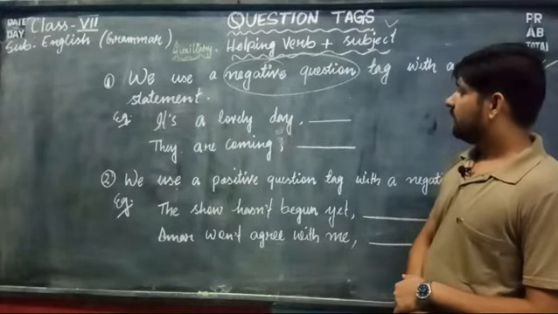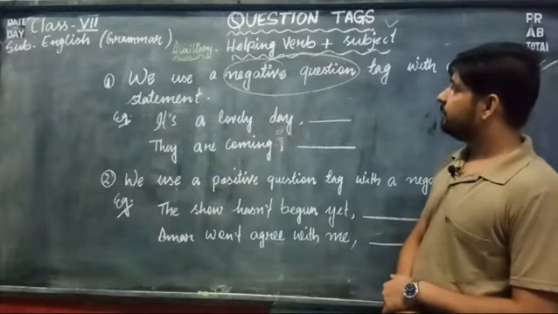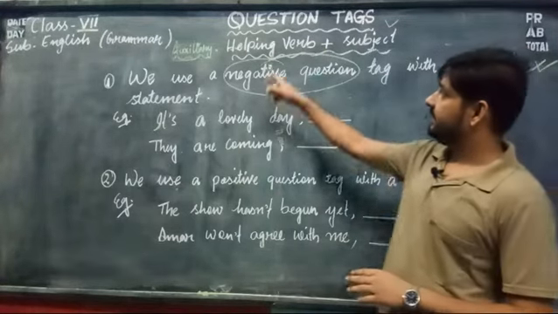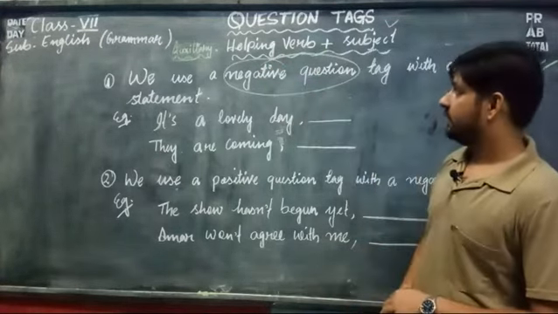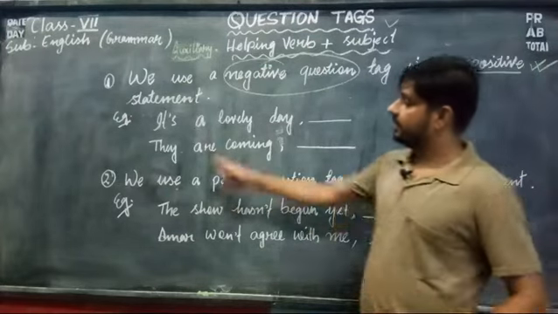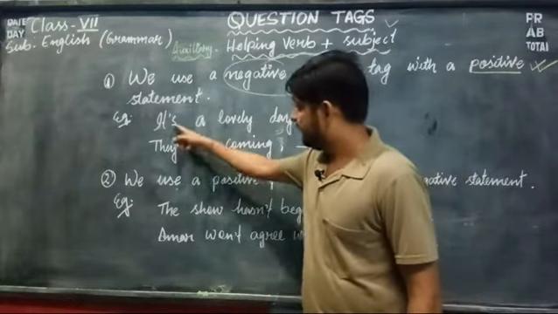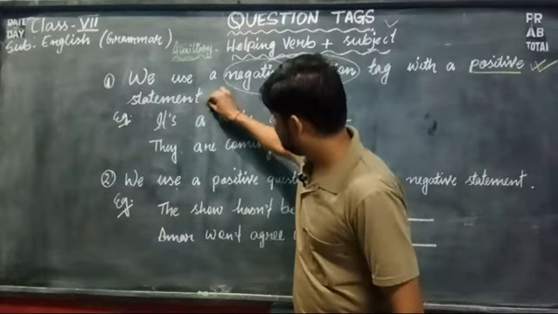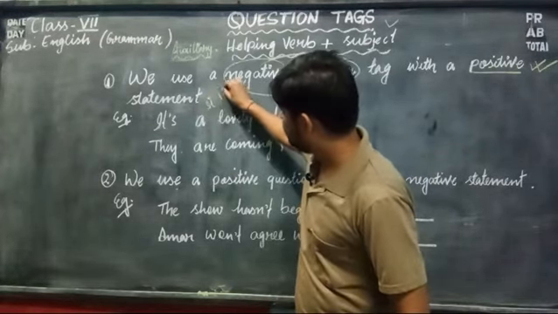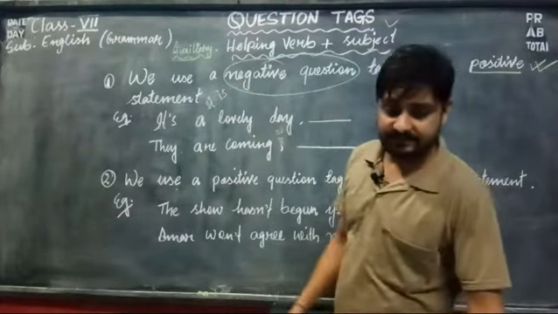So what will we use to make a question tag? Here it is written, the helping verb. What is the helping verb here? It's means in short, but generally it is, right? It is.